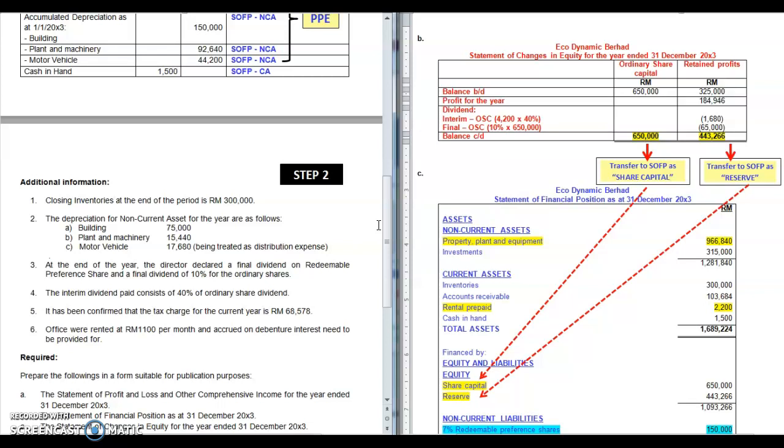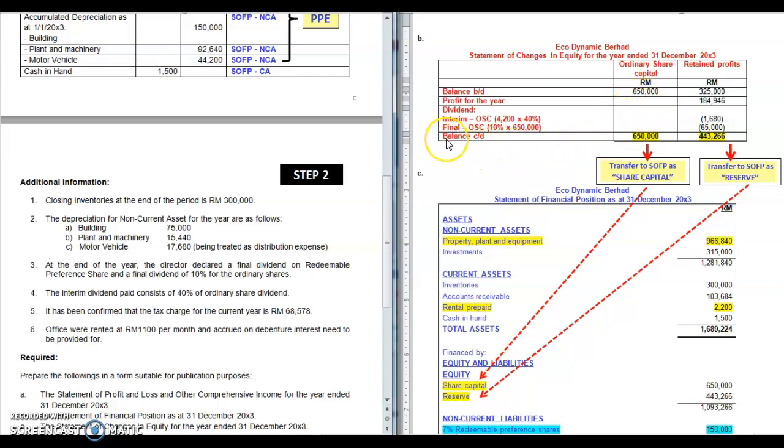Is there any item that relates to the issuance of ordinary shares or the purchase of ordinary shares during the year? Clearly, from additional information number 1 to number 6, there is no item or transaction that mentions any shares being issued or purchased during the year. Therefore, we don't have any changes in OSC during the year.